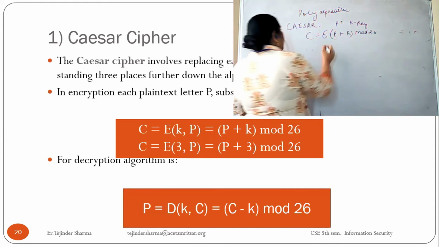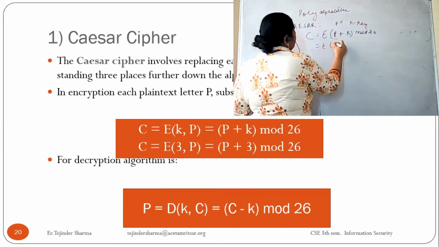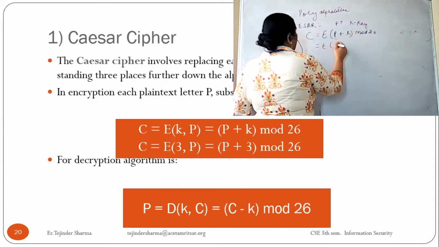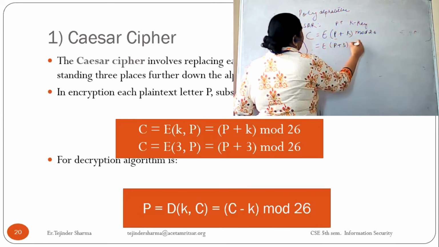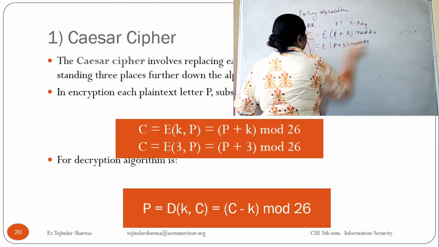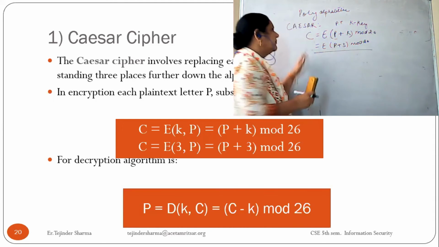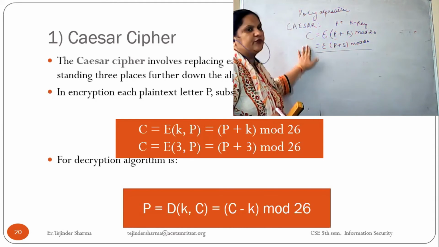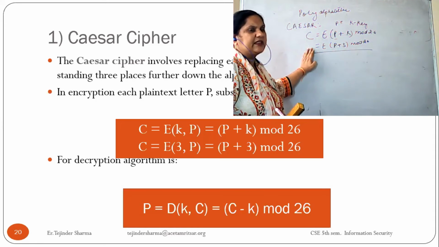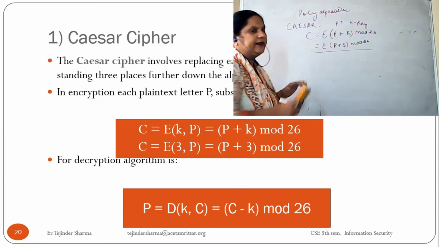For example, encryption with key 3 is P plus 3 mod 26. So this is the formula which we will use to retrieve the ciphertext from the given plain text.